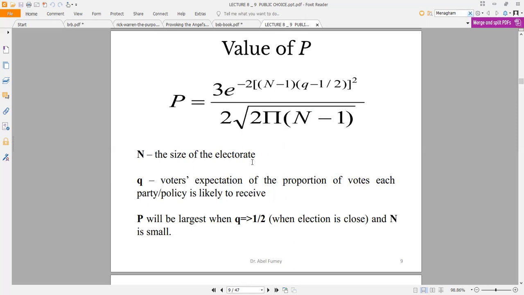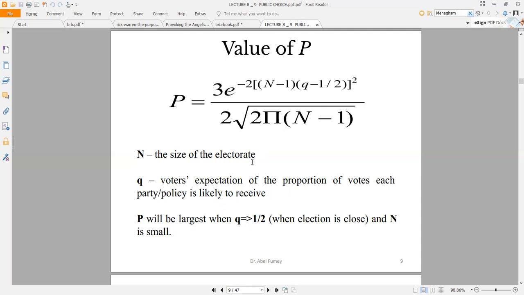N is the size of the electorate, so the number of voters that are going to partake in this electoral process. And then Q talks about the voters' expectations of the proportion of votes that each party or policy is likely to receive. So if you take Ghana's political system, most of the times the election is between NPP and NDC. So Q measures the voters' expectation of the proportion of the total votes that either NPP or NDC is going to get.